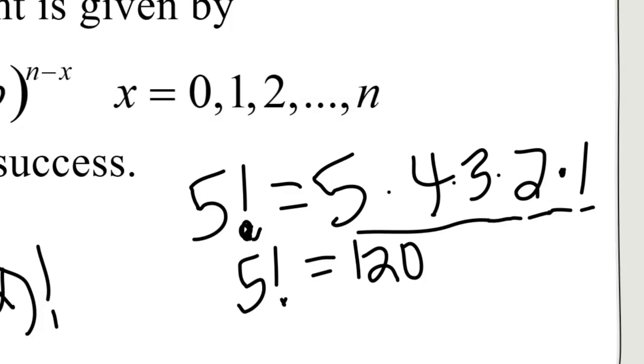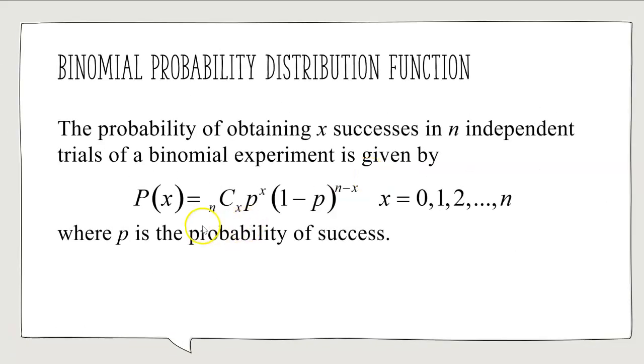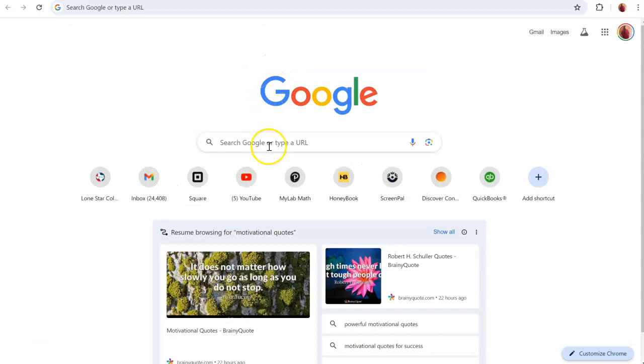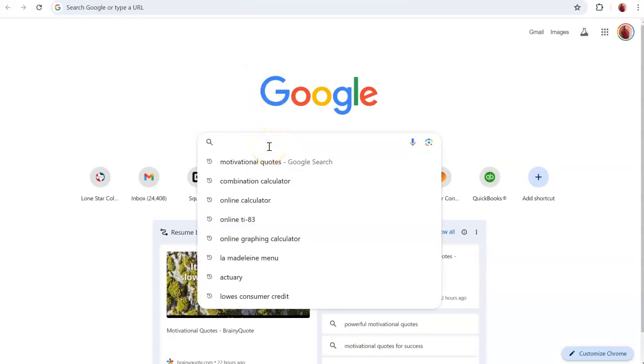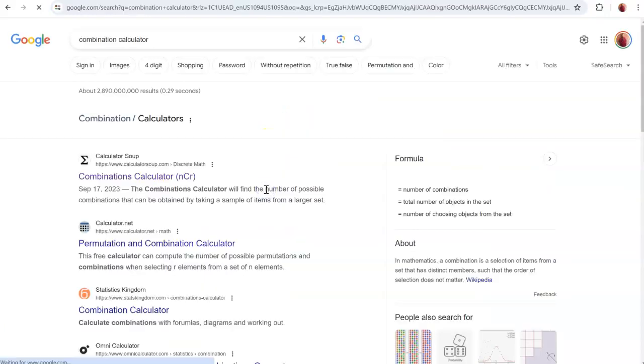So we're going to go to Google. I'm going to show you how to get to a combination calculator. All right, so I'm in Google, and I'm going to just Google combination calculator.